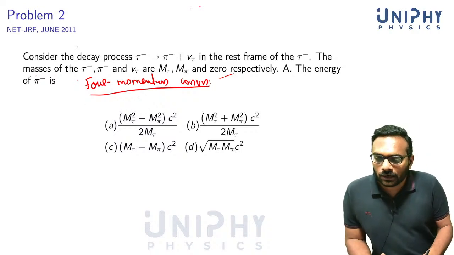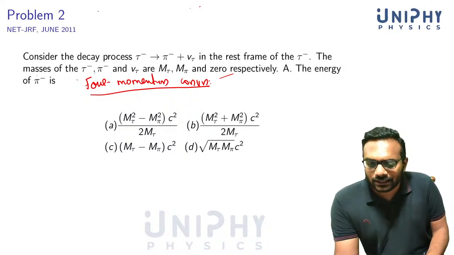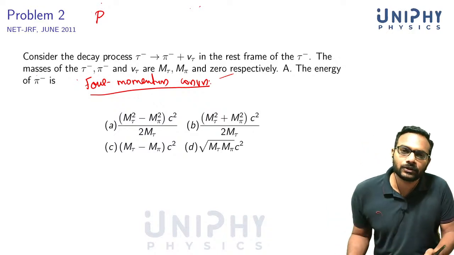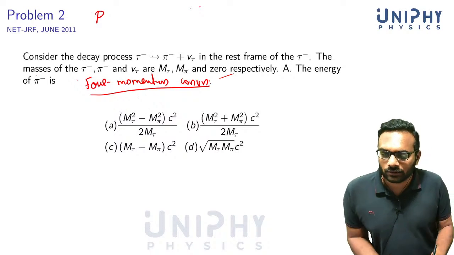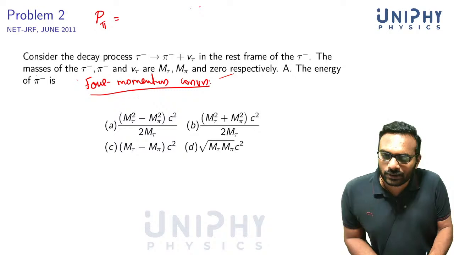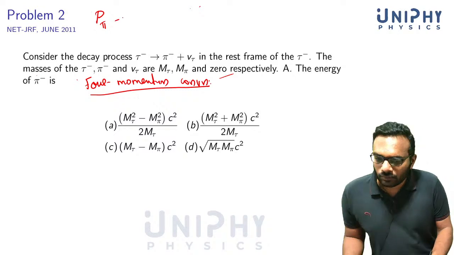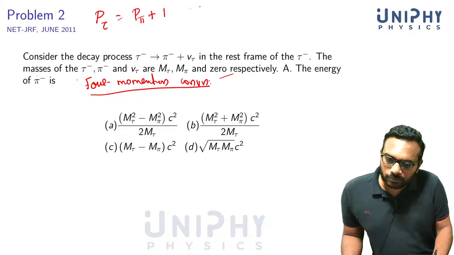Now, I will write the 4 momentum conservation. For the 4 momentum, I won't use a vector sign. If I use a vector sign, it means it's the usual 3 momentum. So, P tau is equal to P pi plus P nu.